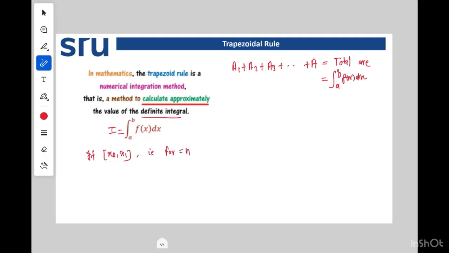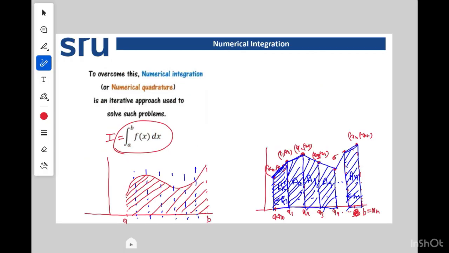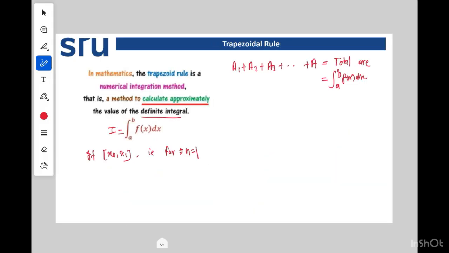For n equal to 1, you will get x0 and x1, so we have only one interval. If you take x0 and x1, then what is a1 here? a1 means the area under the curve from x0 to x1, the integral of f(x) dx.